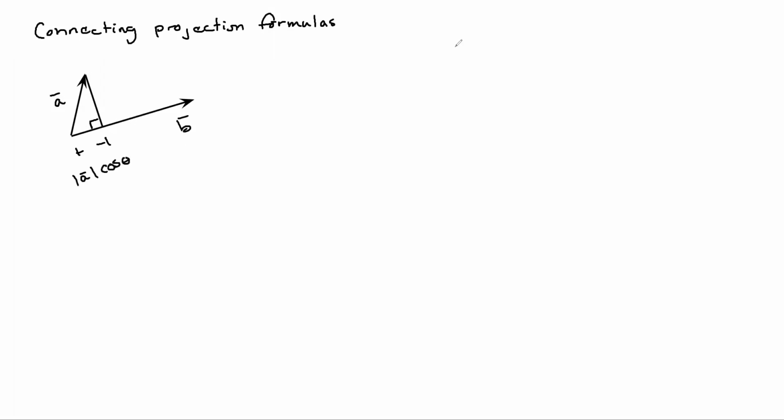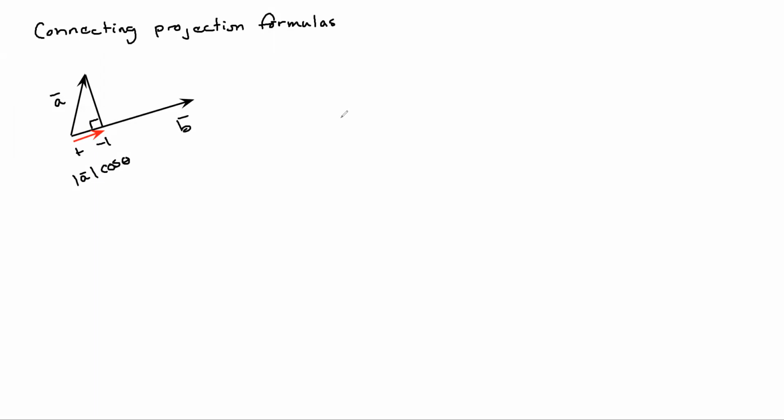And then we also want to be able to define this vector here. So, knowing that this is the length of A cosine theta, how do we use that to create a vector? Let's spend a second talking about that.